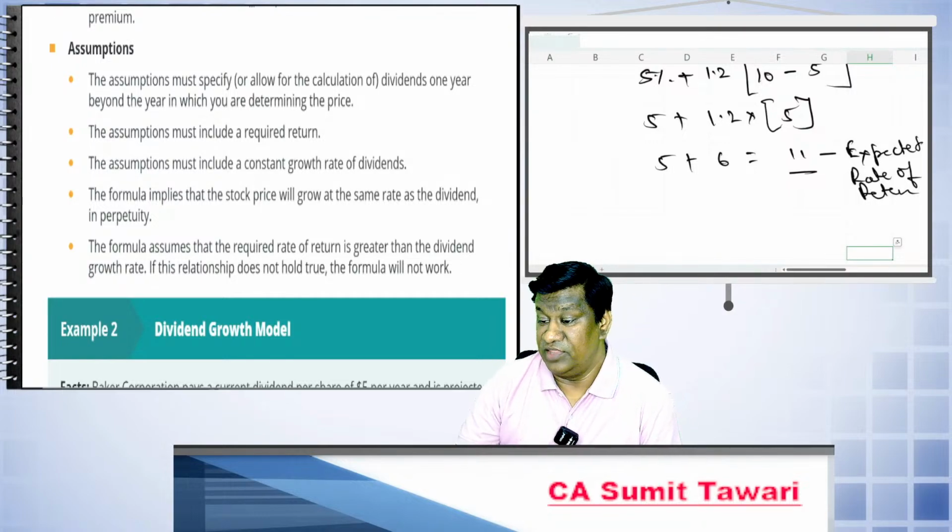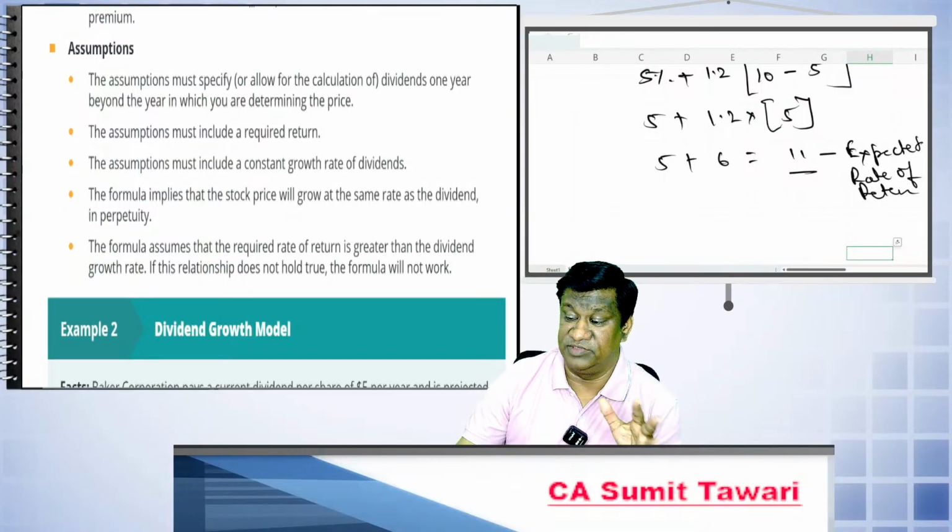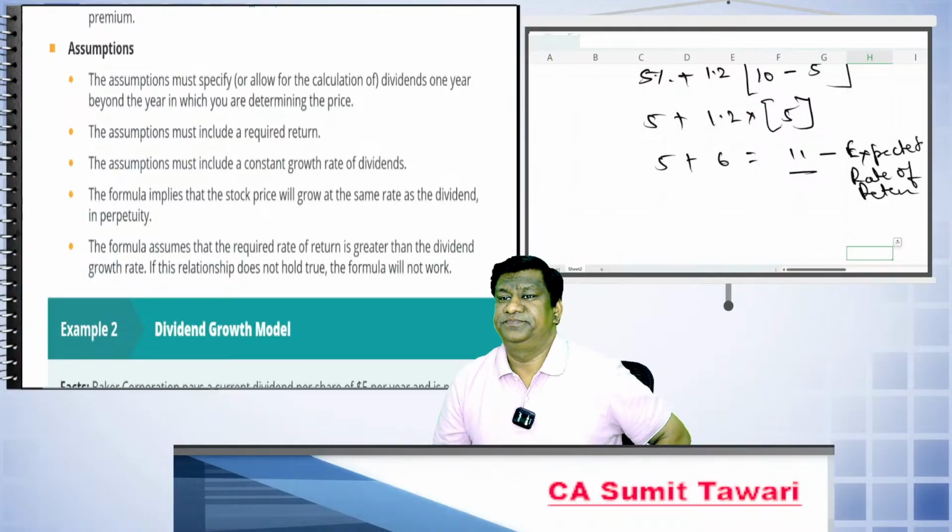Okay. Now see, in the examination you may get several pieces of information, and you need to decide how you are going to apply the dividend growth model, the perpetuity model, or the CAPM model.